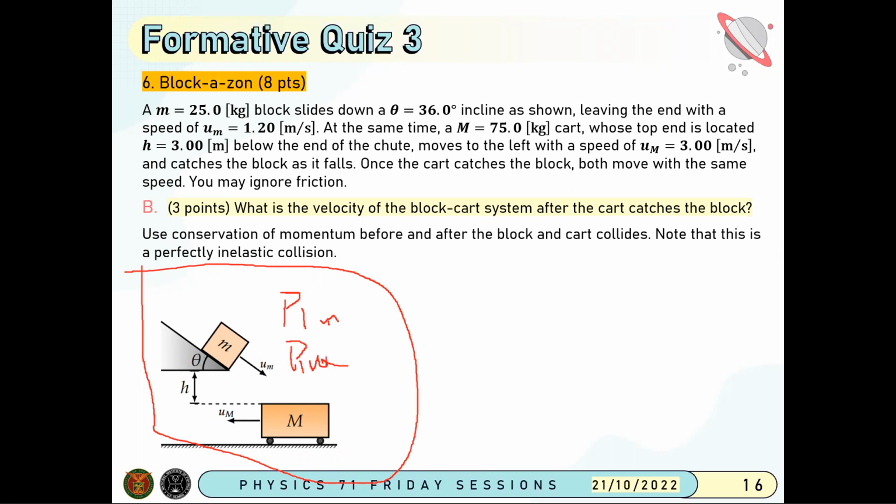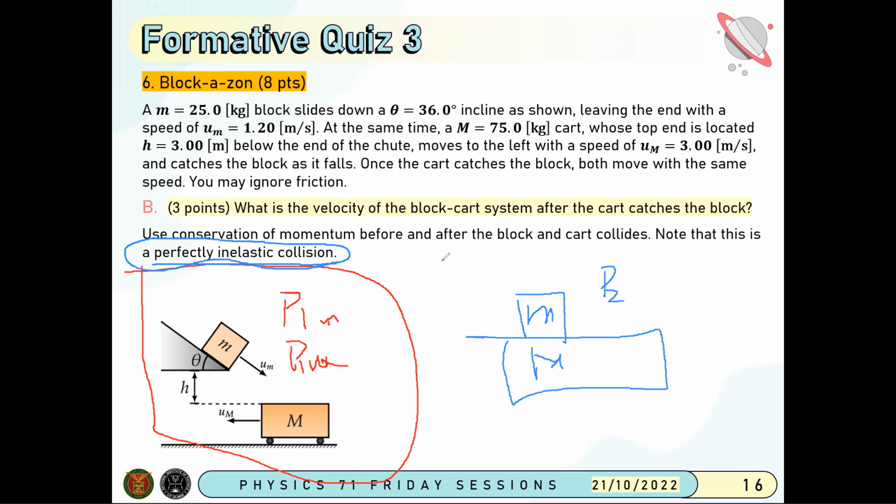And then, yung final state mo is na-catch niya na yung small mass m. So, dito, meron ka na ngayong P2 nung system. Okay. Again, this is a perfectly inelastic collision. Perfectly. Nag-stick together sila di ba? Naging one combined mass sila.